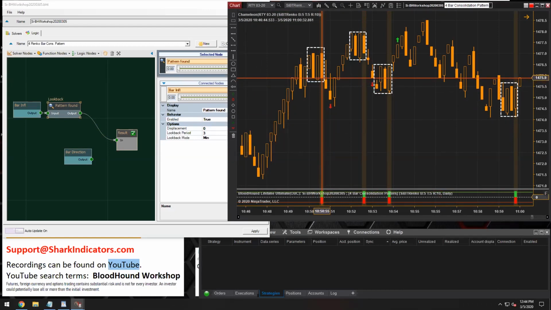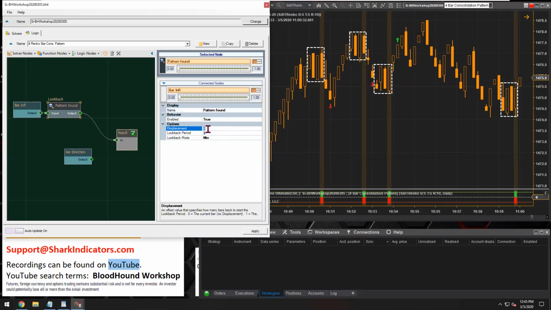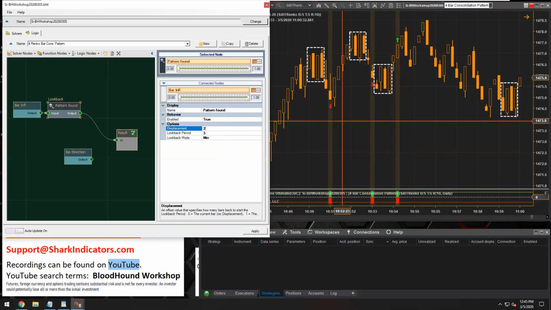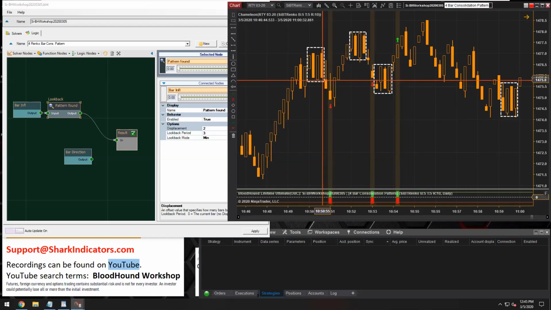I can take this pattern signal and extend it forward, however many confirmation bars we need of breaking the pattern. In this case, I need 2. If I set the displacement to 2, then I can see the pattern signal lines up with my arrows, which is the bar direction there.